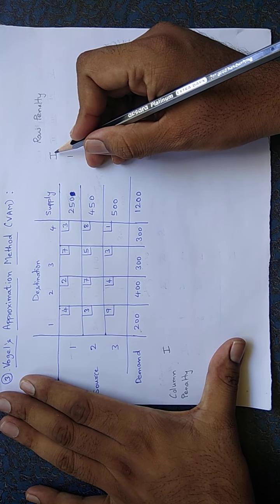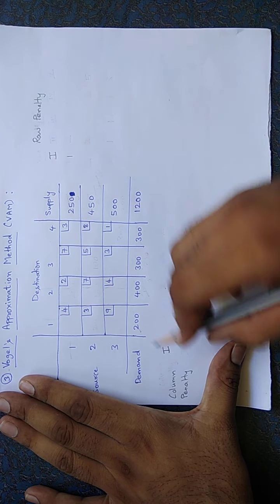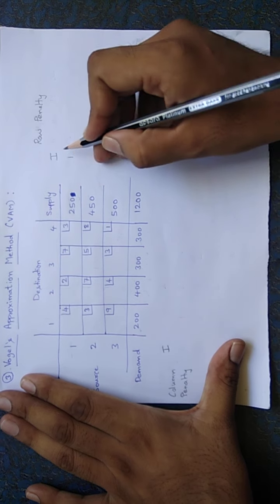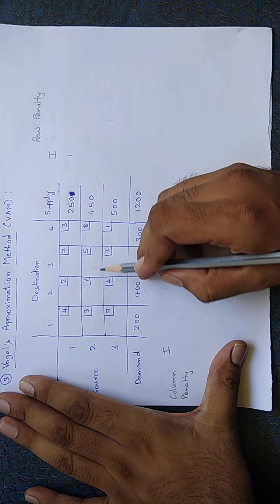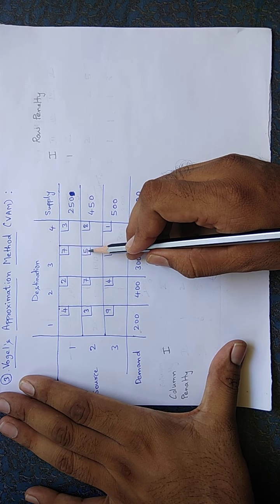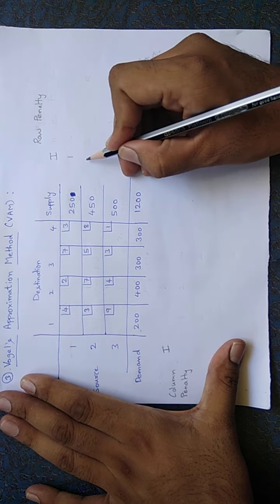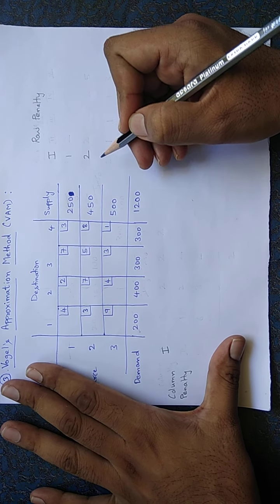So we make an entry here because there will be many iterations, so I am just writing for the first iteration in row and column respectively. So the difference between 3 and 2 is 1. Then the least two costs here are 3 and 5, so the difference is 2.